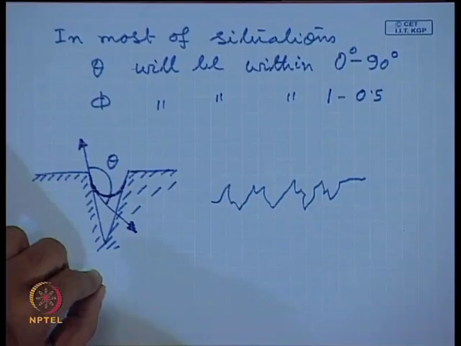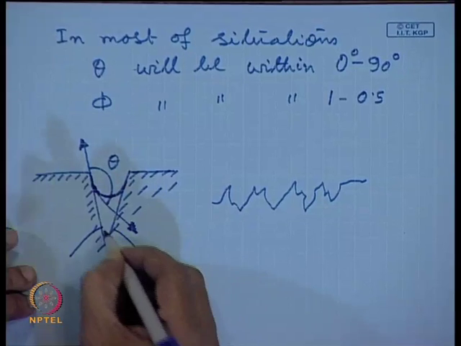Okay. So, if there is a large value of theta, the way I have shown, then with a small degree of superheat, vaporization will take place from this spot, and this spot will be called a nucleation site, an activated nucleation site.